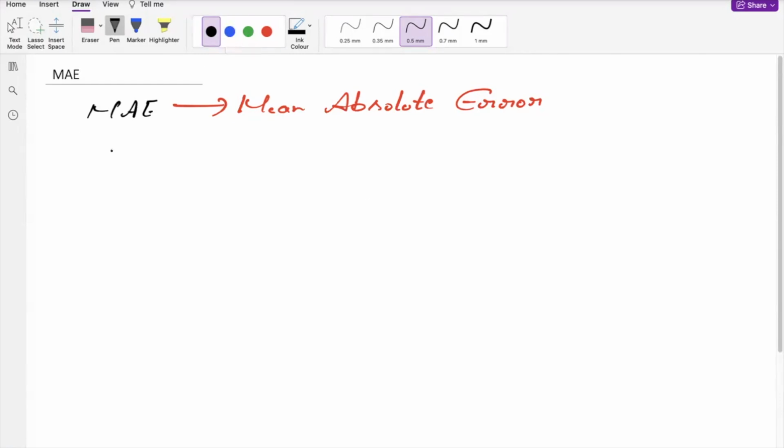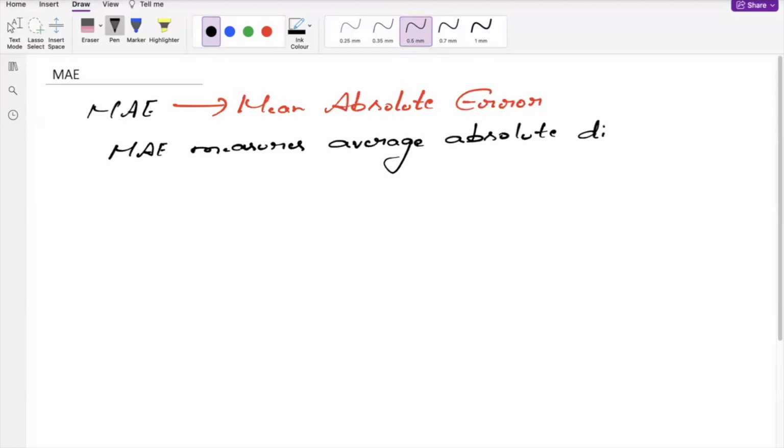Okay, so this MAE measures the average, not just average distance, it's an average absolute difference between actual and predicted values.